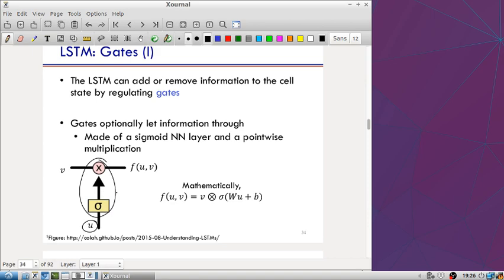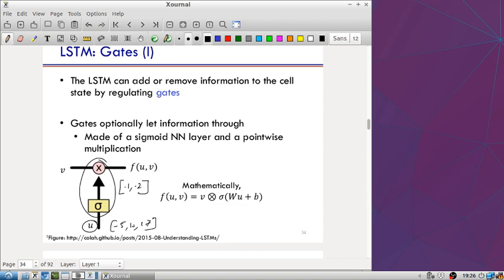Let's say u was -5, 10, and 15. It's not just a sigma operation on the u vector itself. There's a W matrix, so this vector times W plus an offset, passing through a sigma nonlinearity, may give you something like 0.1, 0.2.